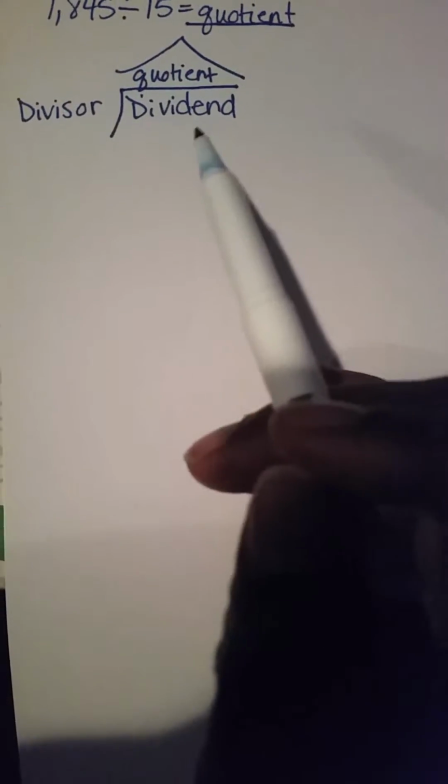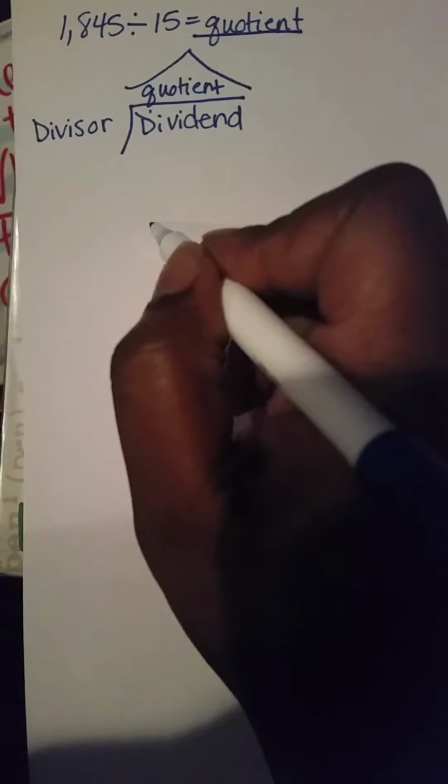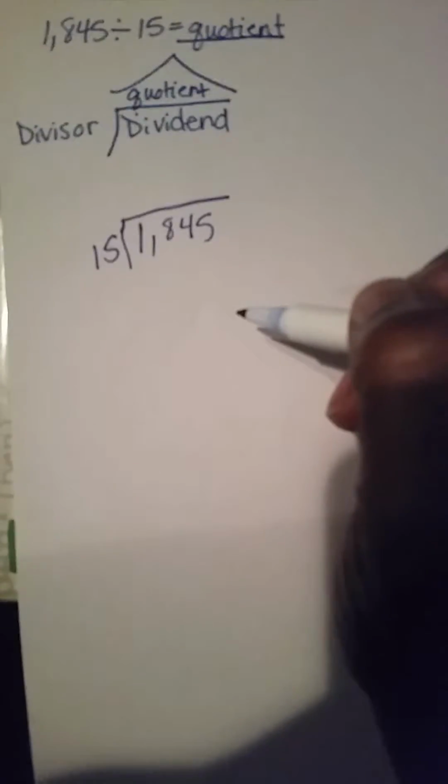The dividend is the number that you're dividing into, and the divisor is the number that you're using to divide with. So divisor, dividend, quotient. Let's set up the problem: 1,845 divided by 15.